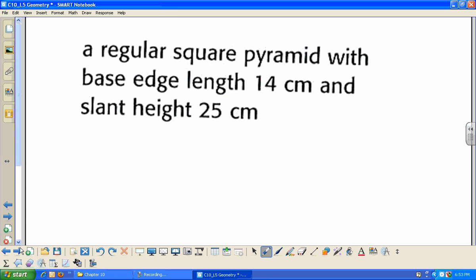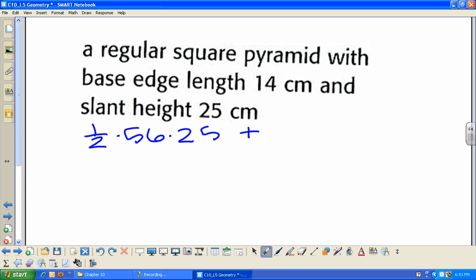So I'm looking for the surface area of a regular square pyramid with base edge length 14 centimeters and slant height 25 centimeters. I first take 1/2 times my perimeter, which would be 14 times 4, which is 56, times my slant height.